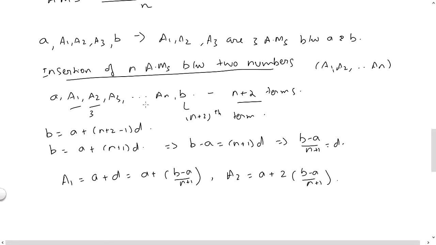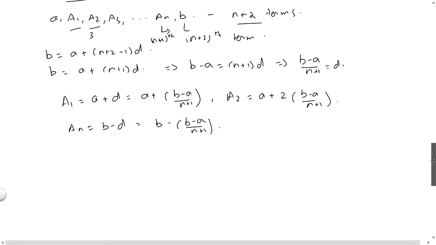The same way, if we have to determine An, this would be the n plus 1th term, or since it's the term which is preceding B, we can write this as B minus D. So that is equal to B minus (B minus A) by (n plus 1). This way we can determine any of the arithmetic means that is inserted between two given numbers.